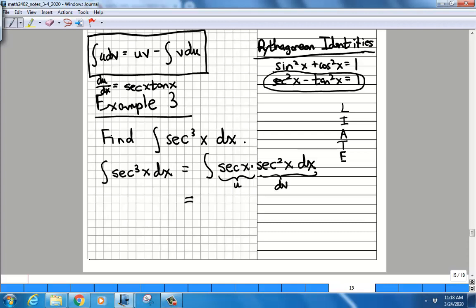Let me jog your memory a little bit there. So the derivative of secant x is secant x tangent x. And then if you multiply both sides of this equation by dx, you get that du by itself is equal to secant x tangent x dx. So this is what we can fill in for du in our integration by parts formula: secant x tangent x dx.